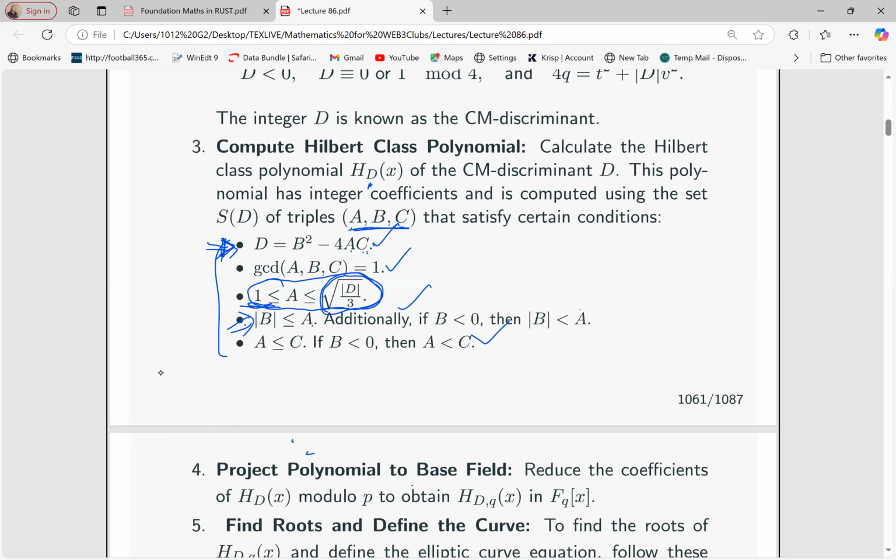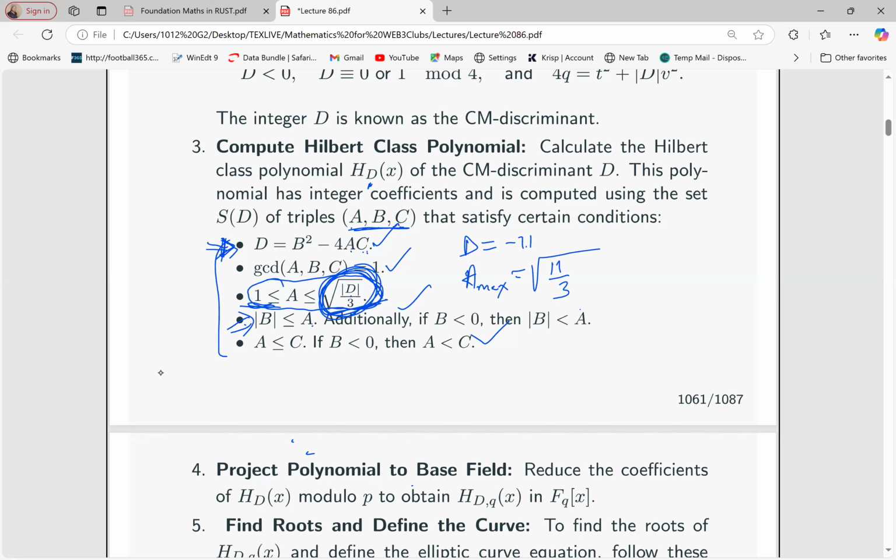So in our case above, we found our D to be negative 11. So what is our maximum A? Our maximum A should be the square root of the modulus of 11, which is just 11, divided by 3, the square root of that.